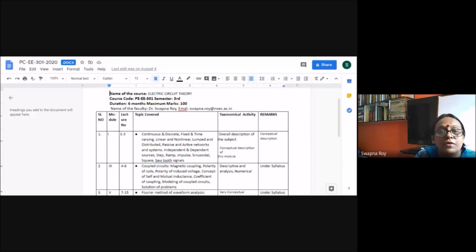Continuous and discrete, fixed, time varying, linear, non-linear, lumped, distributed, passive, active networks and systems, independent, dependent source, step, ramp, impulse, sinusoidal, square, sawtooth signals. If there are signals, obviously we have to do some numericals also.